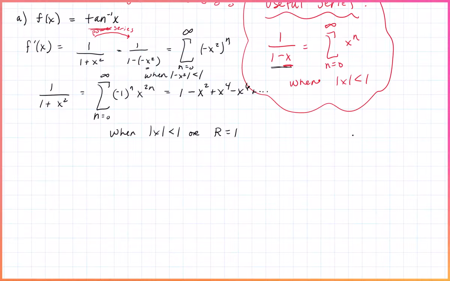So how do we get back to the inverse tangent? Well, the inverse tangent is going to be equal to my f of x that I'm looking for.